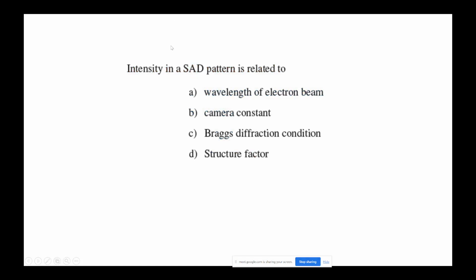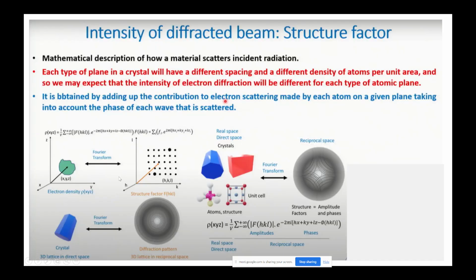I will also see, maybe it is not giving something. Yeah, but the SAD pattern is here. I forgot to add one more slide, so I will add it. But the structure factor was the right answer, because the structure factor is the Fourier transform.